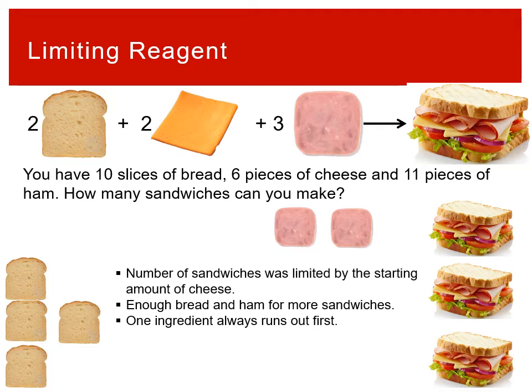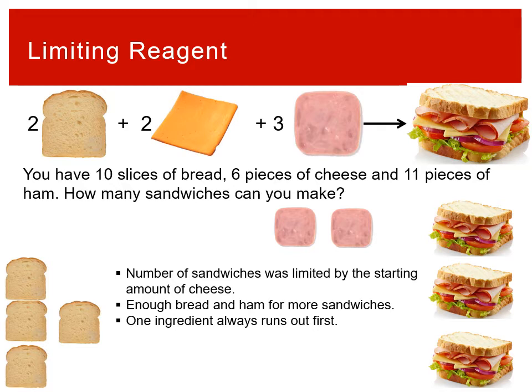The number of possible sandwiches was limited by how much cheese you started with. You have bread, you still have ham. You could theoretically make more sandwiches if you had more cheese. This always happens when you are making something. When you buy hot dogs and hot dog buns, they don't come in packages that are the similar size. One always runs out first because they link together at certain ratios.